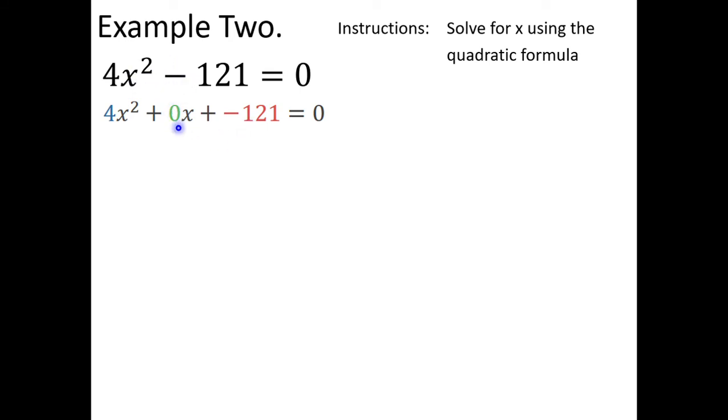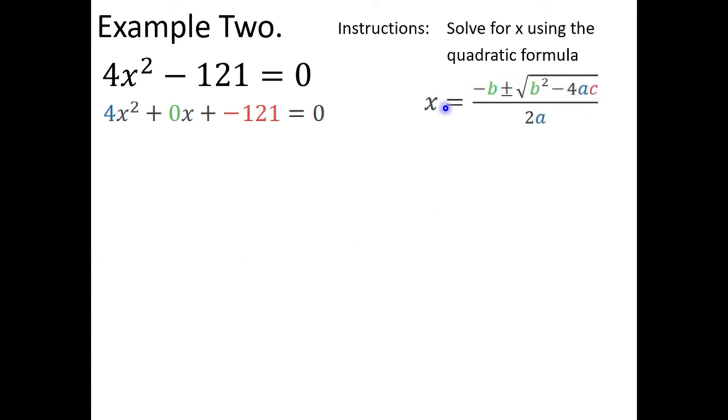We had to put a middle term in to find out what our b was. And it has to be the highest exponent first, x squared. The variable with no exponent in the middle. And at the end, the constant. In that exact order, with a 0 on the other side of the equal sign. Then we can use the quadratic formula and identify our a, our b, and our c.